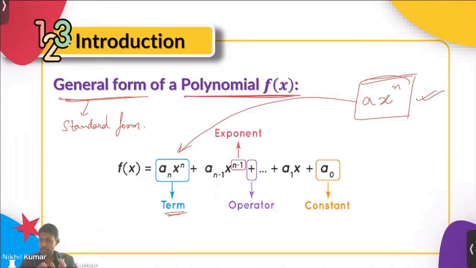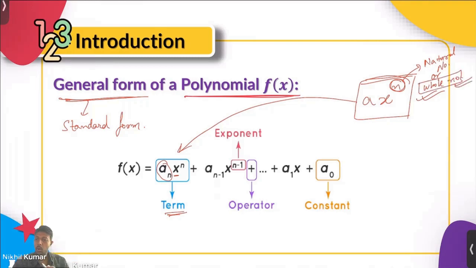So let's quickly check if it is actually true. In a_n x to the power n, a_n is a number, x is the variable, and n is the index or the exponent. This n must be a natural number or a whole number.